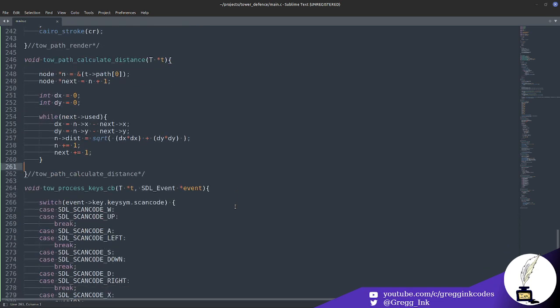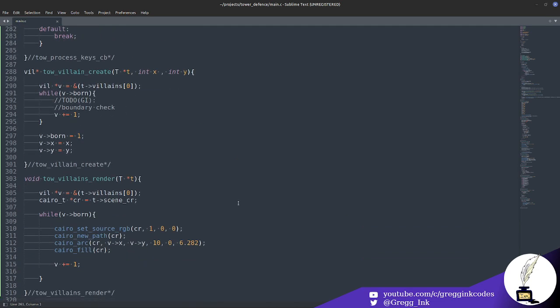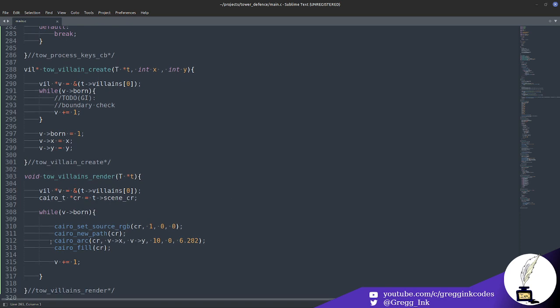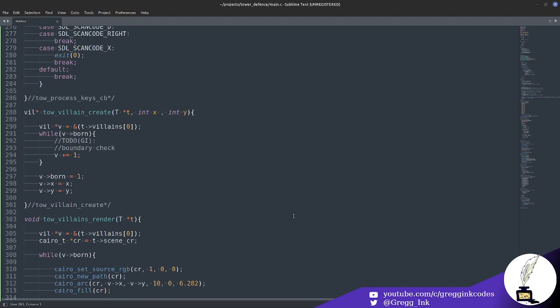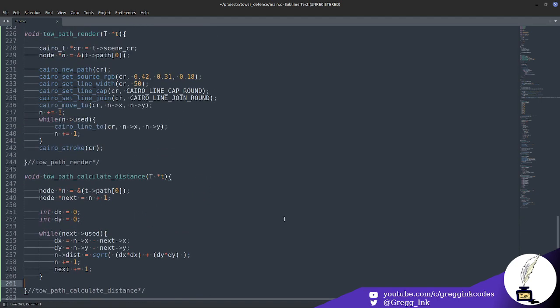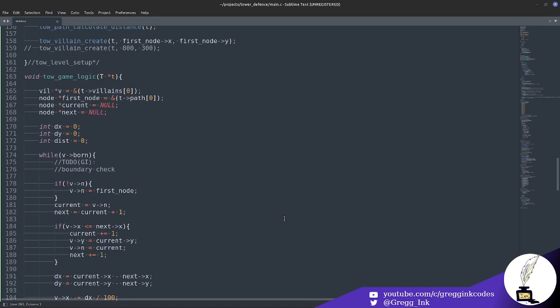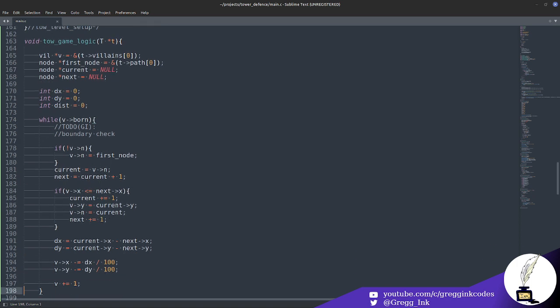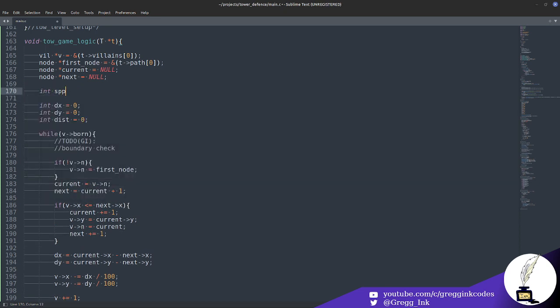So now every villain will need to have a speed associated with it. Now we have to address that. Int speed.